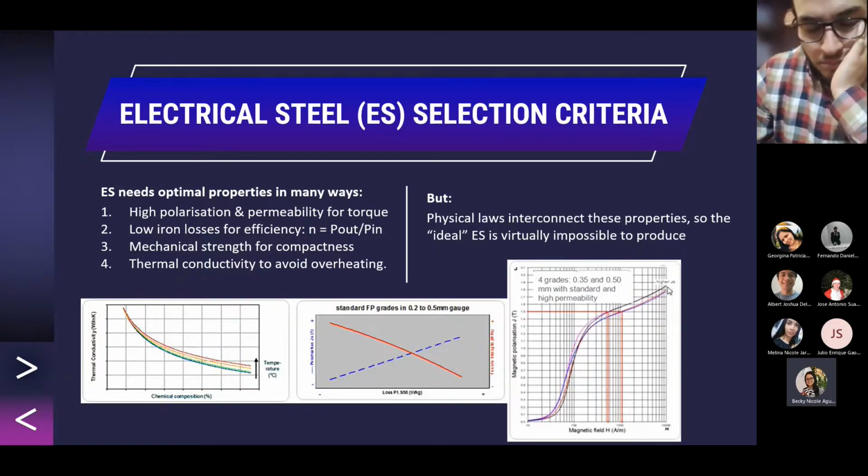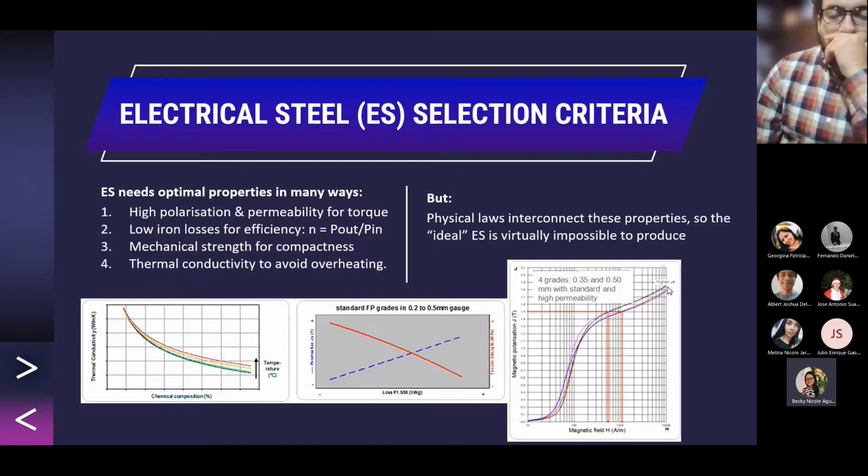When materials with lower loss are created, less heat is generated in the steel, but the total amount of heat in the engine that comes from the copper loss and the iron loss still needs to be evacuated, and the lower thermal conductivity makes that more difficult.